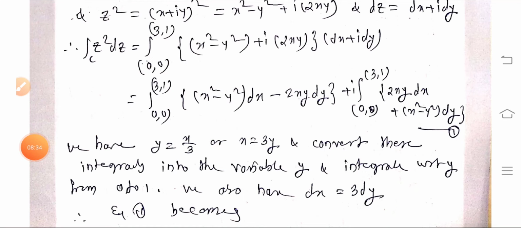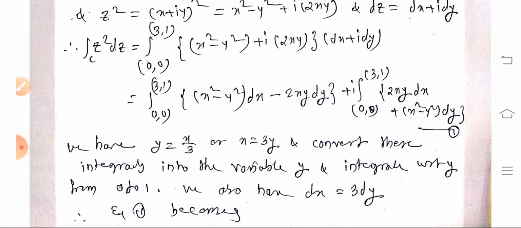Here consider the equation as integral over c of z square dz equal to, from 0 comma 0 to 3 comma 1, (x square minus y square) dx minus 2xy dy, plus i into bracket, from 0 comma 0 to 3 comma 1, 2xy dx plus (x square minus y square) dy. That is, multiplying dx plus i dy through this term, we get this as equation 1.